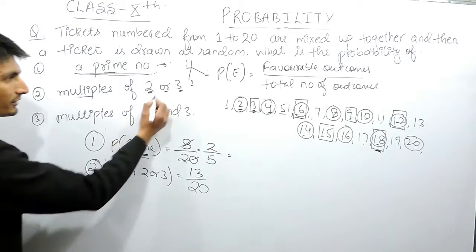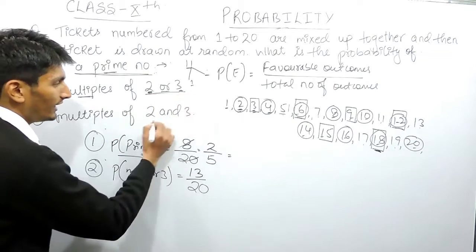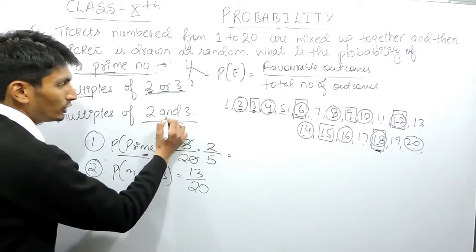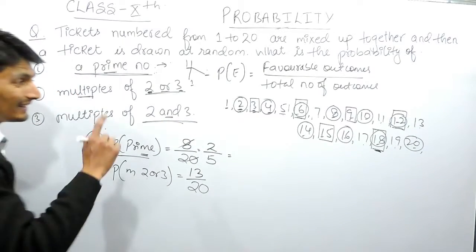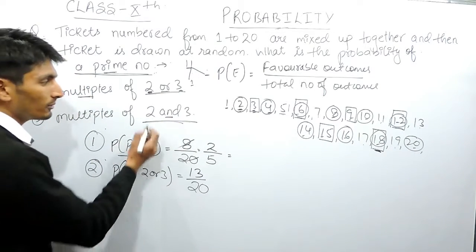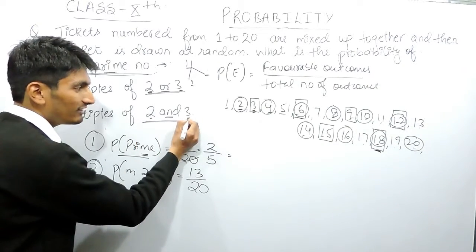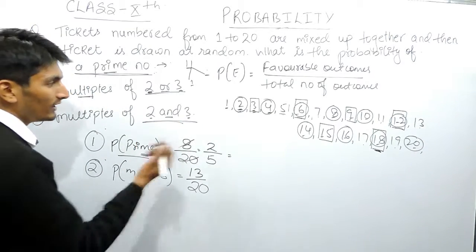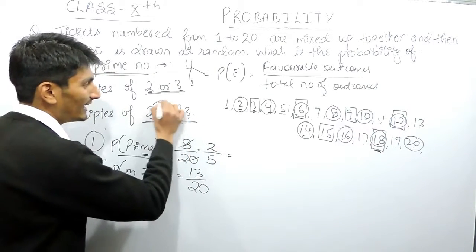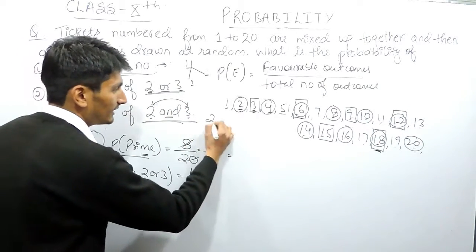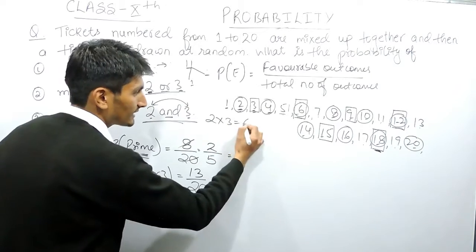Now what is the difference between this 2 or 3 and 2 and 3? 2 and 3 means that the number must be divisible by 2 as well as divisible by 3. Or in other terms, you can say that the number must be divisible by 6.